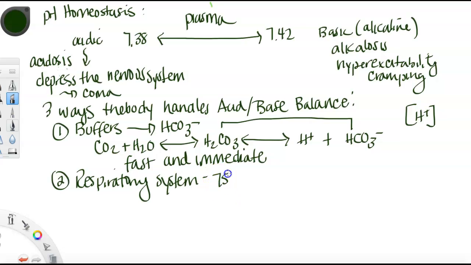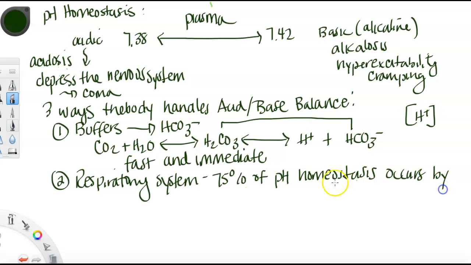So about 75% of pH homeostasis occurs by the respiratory system. It's slower than the buffer, but it's still pretty fast.